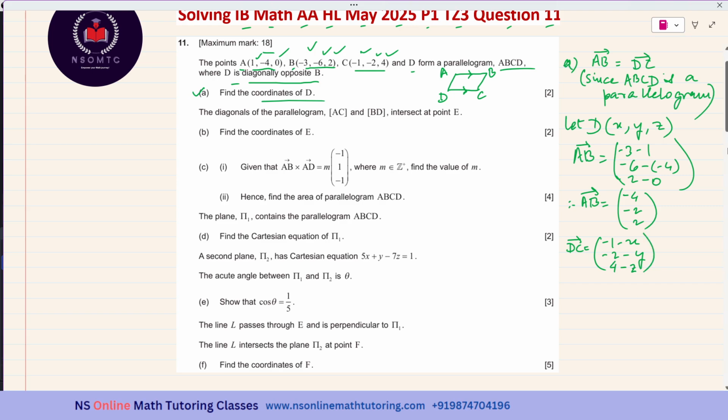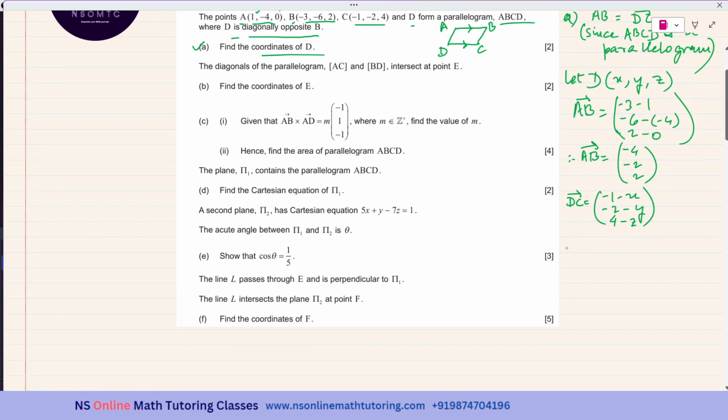So therefore -1 minus x, -2 minus y, and 4 minus z is equal to -4, -2 and 2.